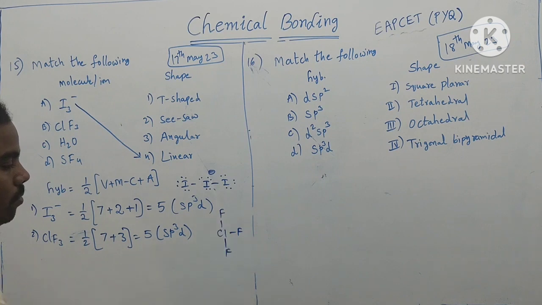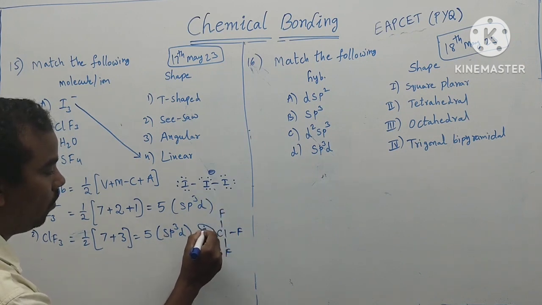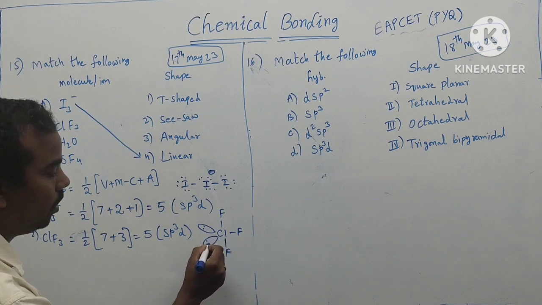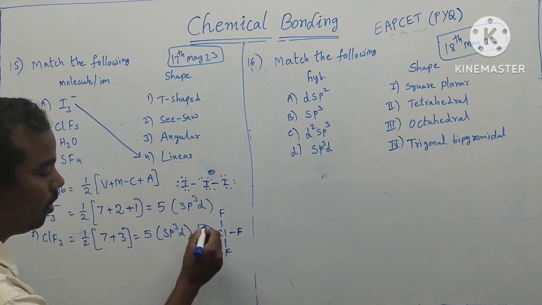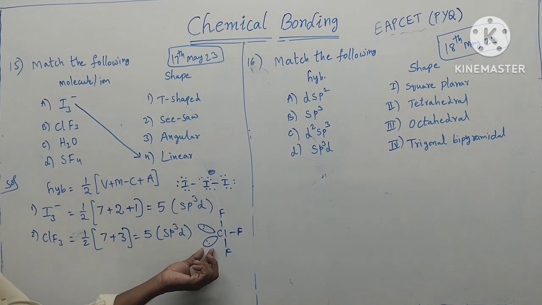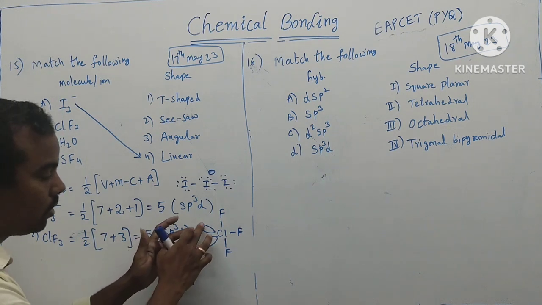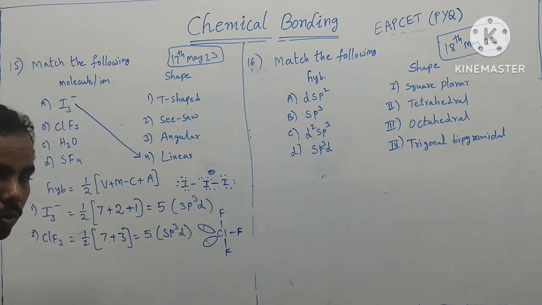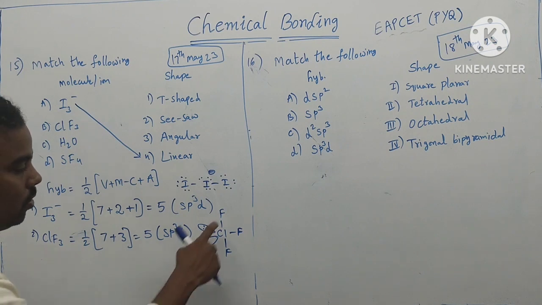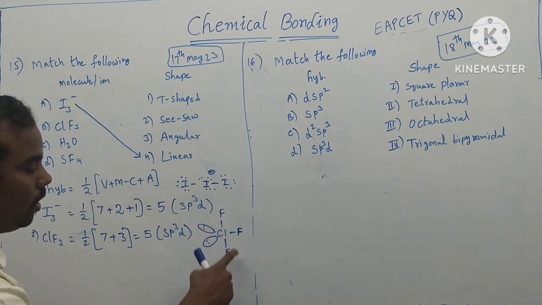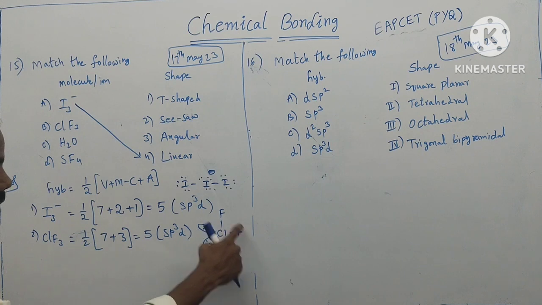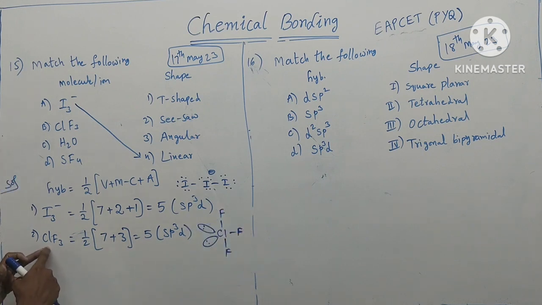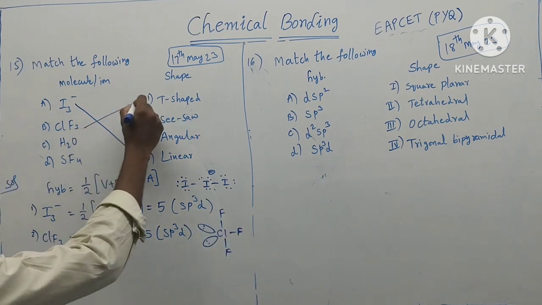First, high electronegative atoms are occupied at axial position, so the remaining fluorine is present on the equatorial plane. Two lone pairs are at equatorial plane. Lone pairs always occupy the equatorial plane, not the axial position. So its shape is T shape. So ClF3 shape is T shape.